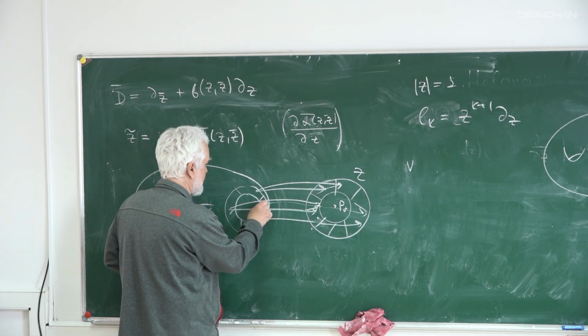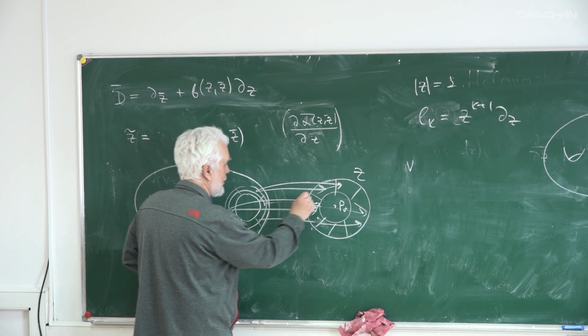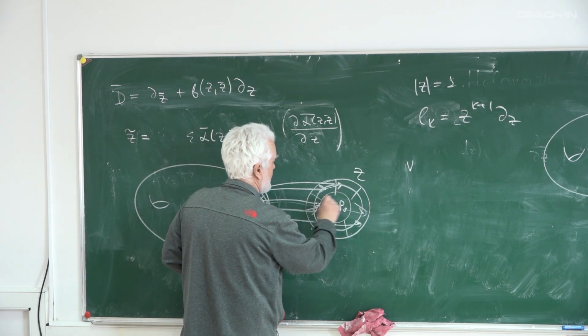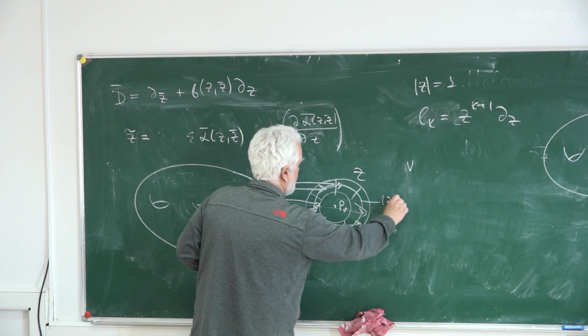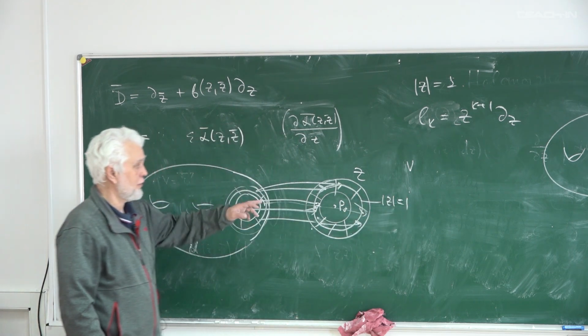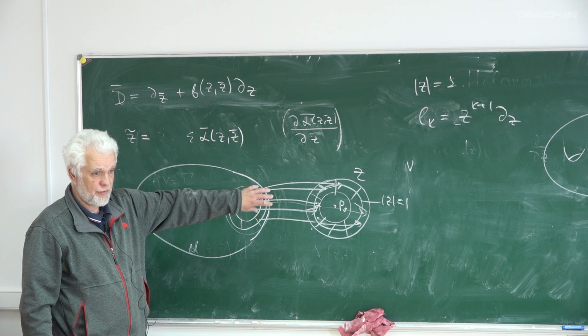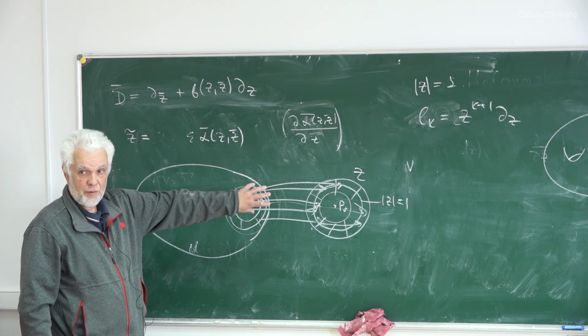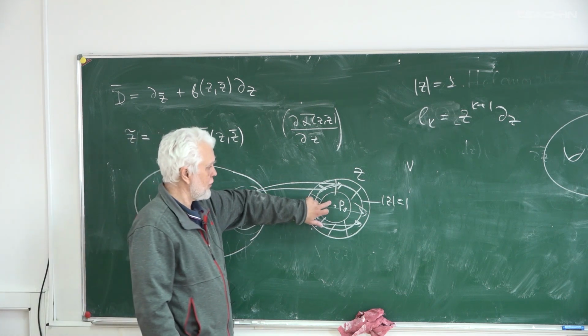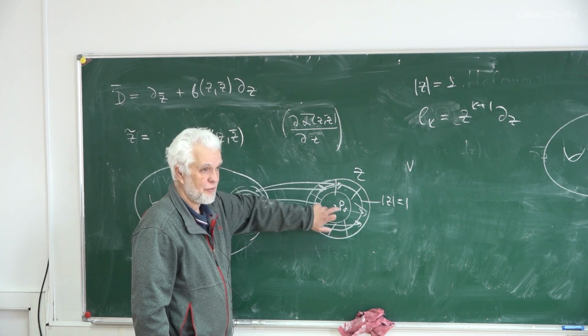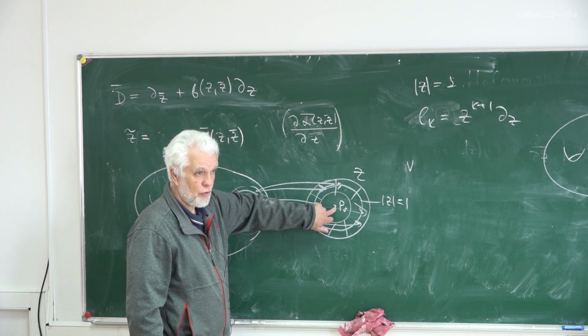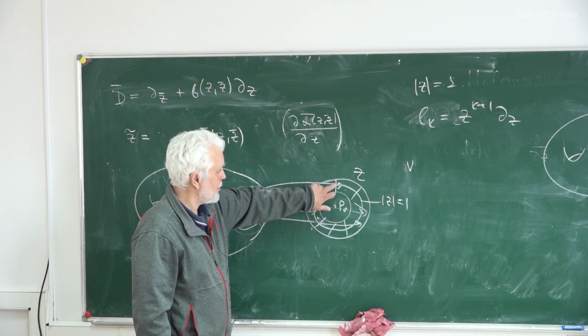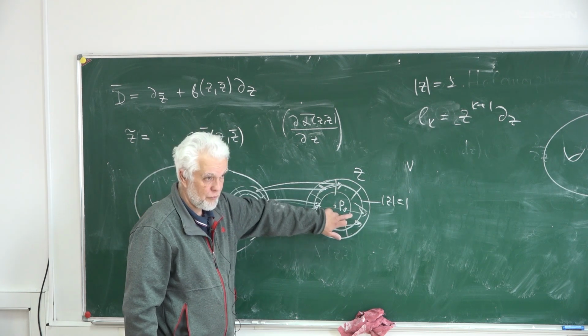We have a unit circle here, and a vector field in the neighborhood of the unit circle. Of course, it's not defined here; it's defined somewhere here. It's not necessarily holomorphic inside, not necessarily holomorphic outside, but it is holomorphic near this contour.